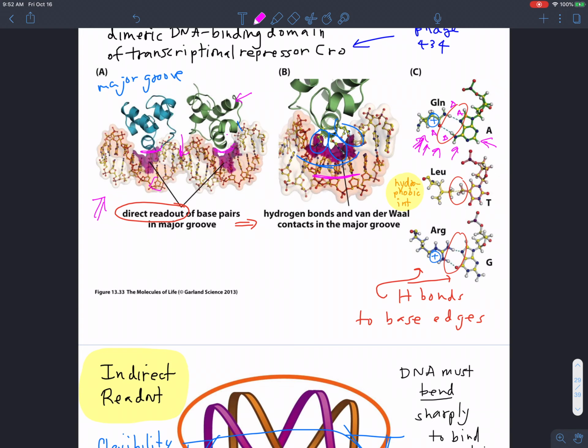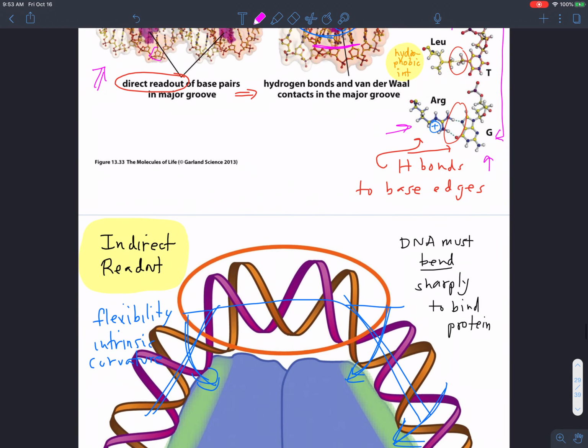And again, here's another example of the hydrogen bonding pattern, an arginine hydrogen bonding to a G residue. Again, this is a donor, acceptor pattern, a different pattern than the one up here, but still resulting in two hydrogen bonds, and therefore the ability to distinguish a G from an A when reading along the base edges.